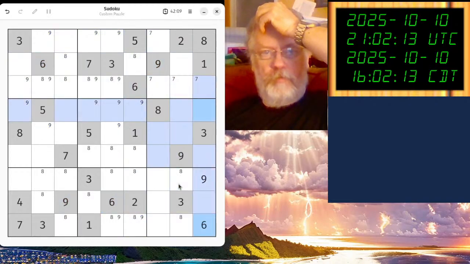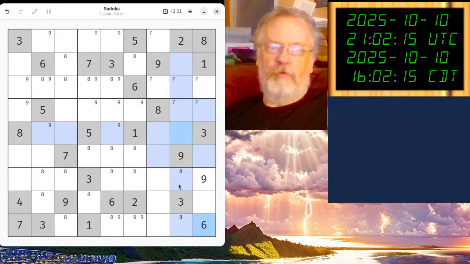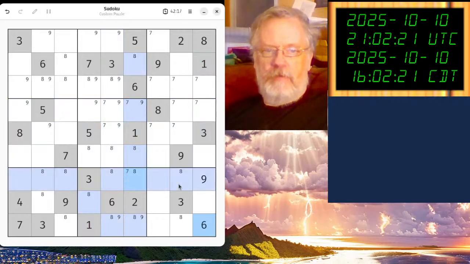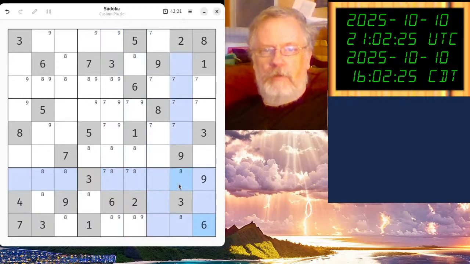4 possible 7s there. 4 possible 7s here. 3 possible 7s here. 2 possible 7s here. 4 possible 7s here. Actually 2, because these two block these 2.